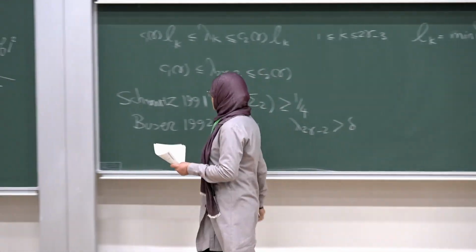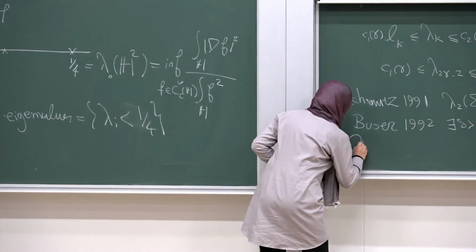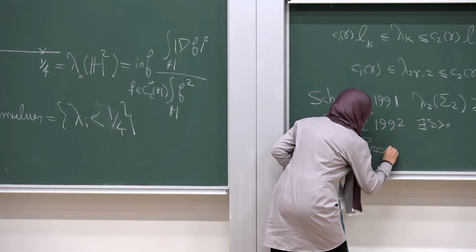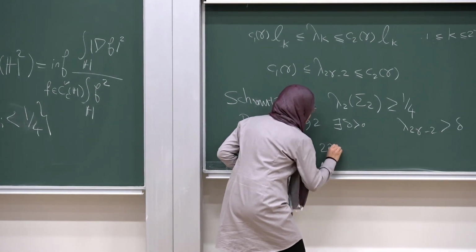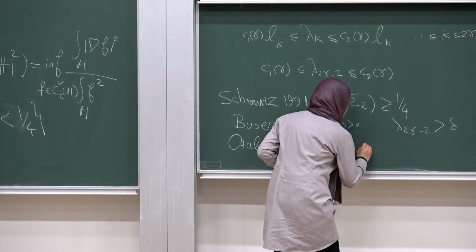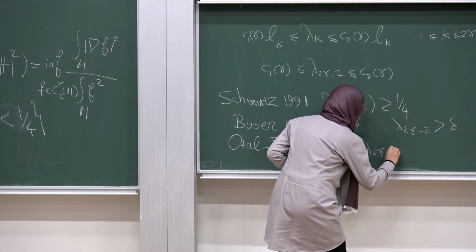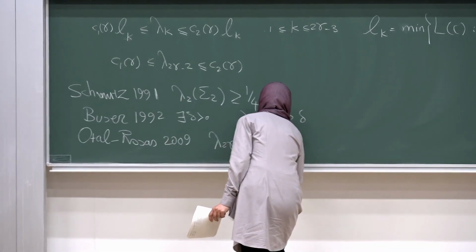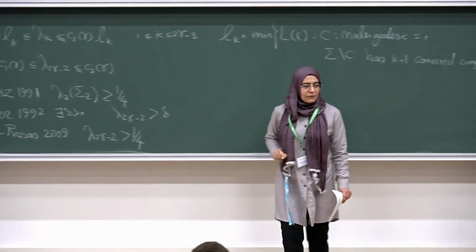This was open for quite a while, and then it was proved by Otal and Rosas in 2009. So they proved the Buser-Schmutz conjecture, that this is strictly bigger than 1/4.